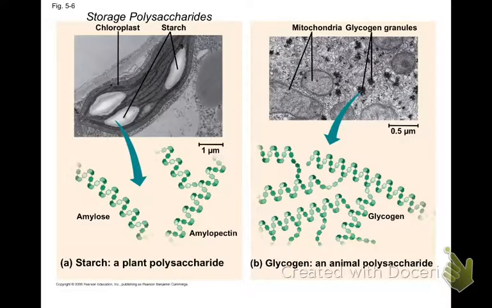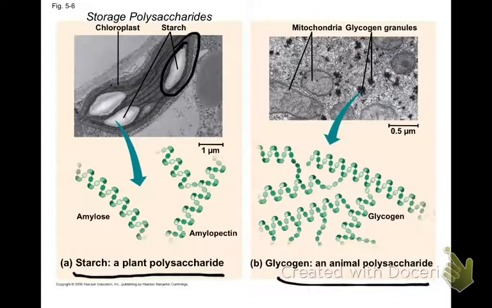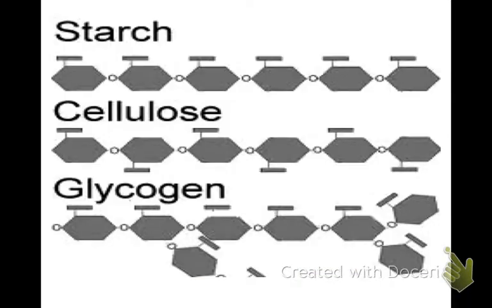So you see, my storage polysaccharide is starch granules in plant polysaccharide, and glycogen is an animal polysaccharide. You would see huge big globs of glycogen granules present. Okay, so here it sort of gives you a perspective without putting any numbers.